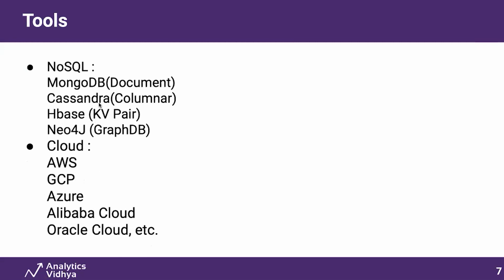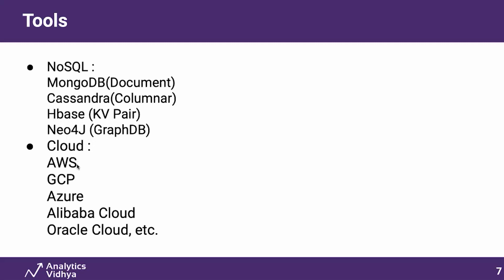Cassandra comes in your columnar. Redis comes in key value pair. Neo4j comes in your graph DB, and so does ArangoDB.